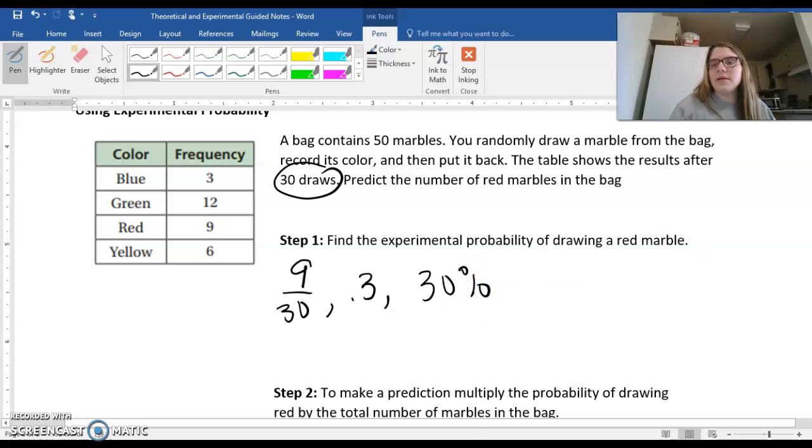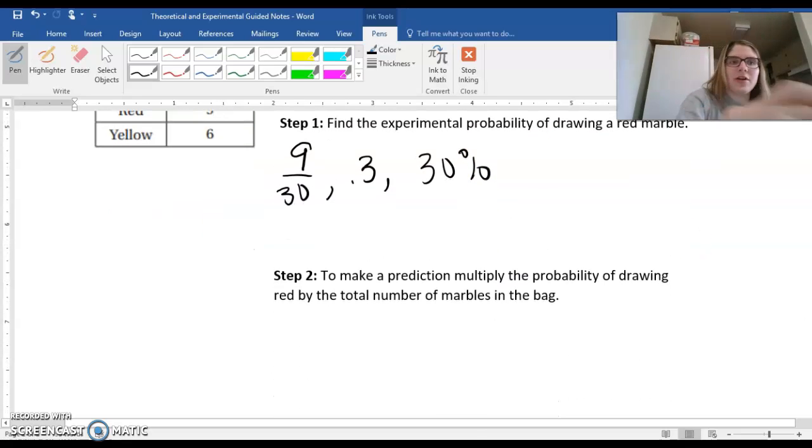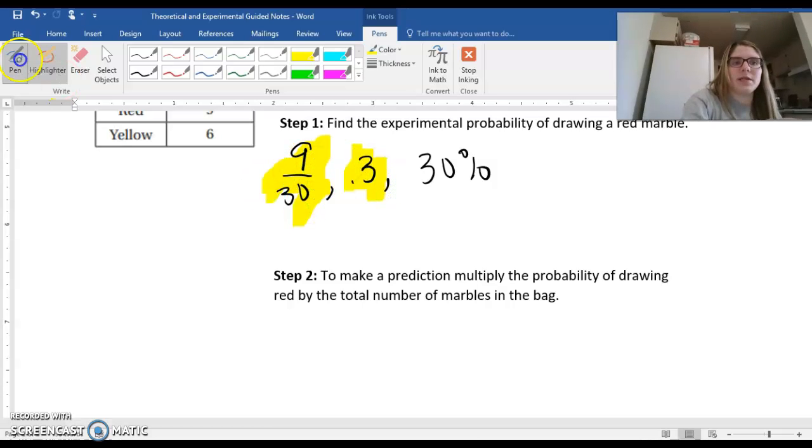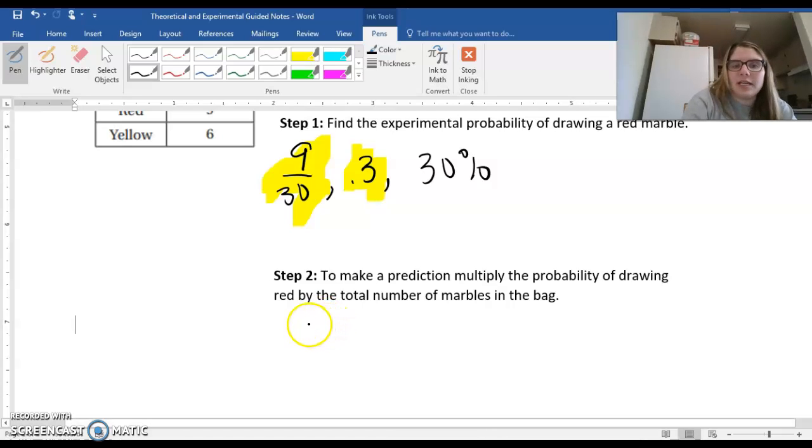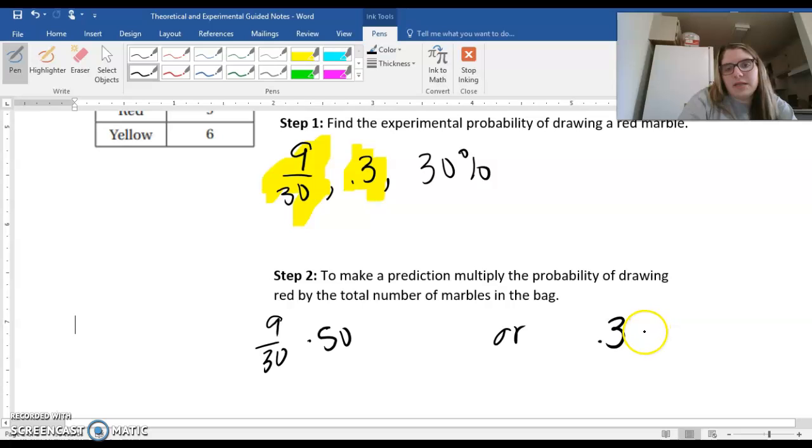To make the prediction, you're going to multiply. They said there are 50 marbles in the bag, so you can take 9 over 30 times 50, or you can take 0.3 times 50. Either way, you're going to get 15.